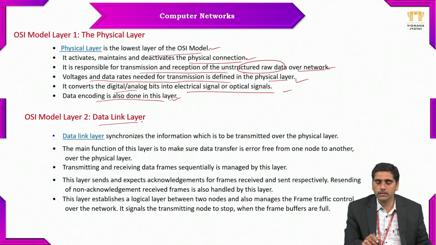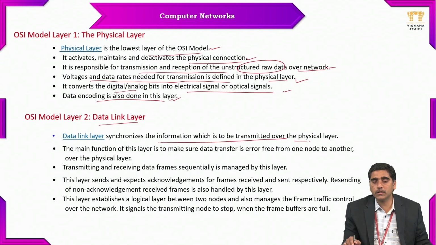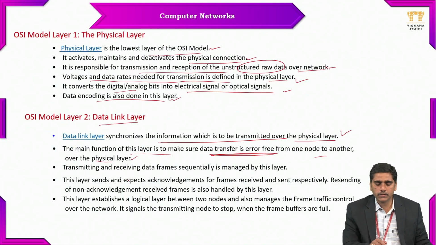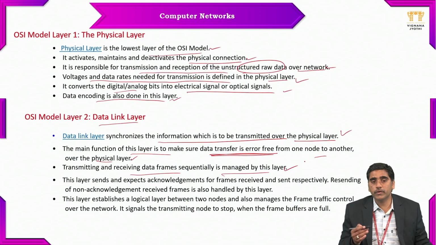And the second layer is what? Data link layer. It synchronizes the information which is to be transmitted over the physical layer. The main function of this layer is to make sure data transfer is error free from one node to another node over the physical layer. And transmitting and receiving data frames sequentially is managed by this layer. So framing is one of the main functionalities of this data link layer.